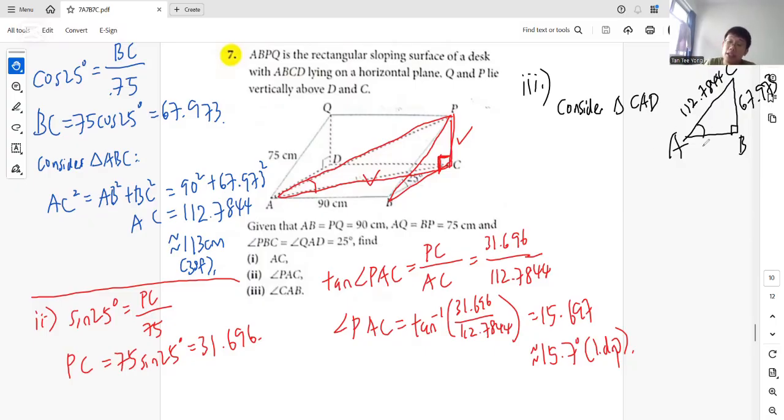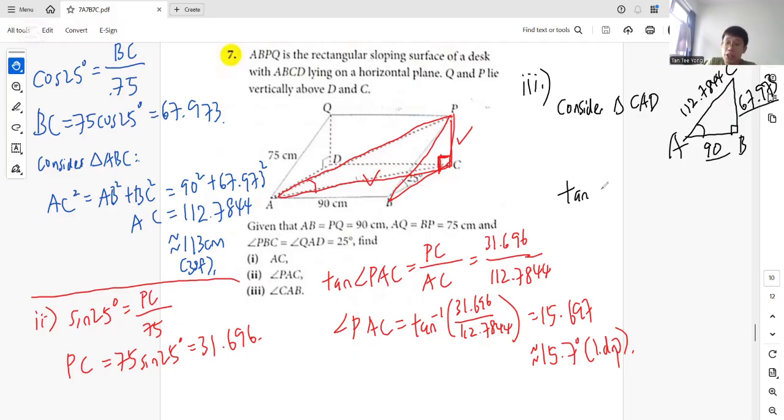Same thing, right angle triangle, use SOH CAH TOA. So opposite over hypotenuse. If you want to use 90 here, it's fine also, then you have opposite over adjacent. Let's say we use these two values.